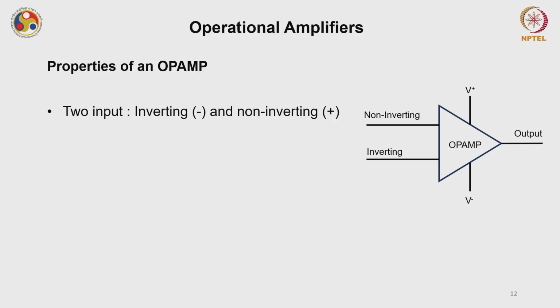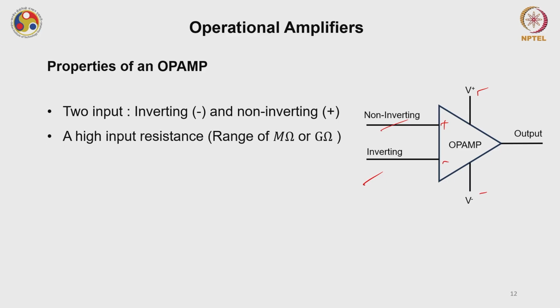For this op-amp you have two input terminals: a non-inverting terminal and an inverting terminal. Apart from that you have two points through which you can give it biasing. This amplifier has a very high input resistance, in the range of mega ohm to some giga ohm.